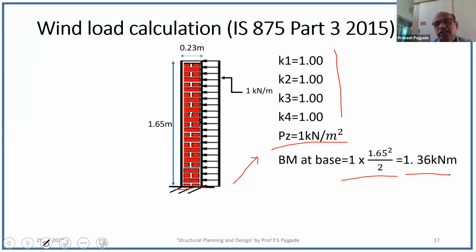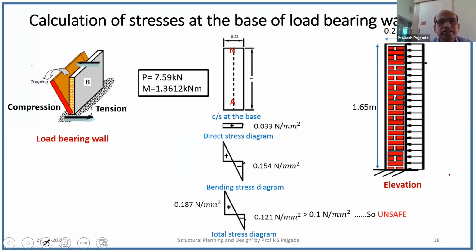So let's try to calculate the stresses at the base of the wall. So this is the elevation, 1.65 meter height. Now thickness is 0.23 and length is 1 meter. Calculate the value of stresses at the base.